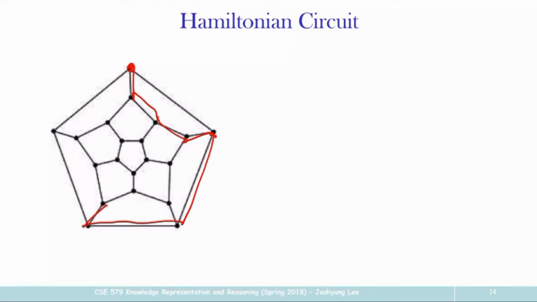Left. Left or right? Tell me. Right. Down. Down. Down. Down. Right. Right. Up. Up. Left. Left. Up. Up. Left. Up. Left. Left. Left. Left. Up. Up.